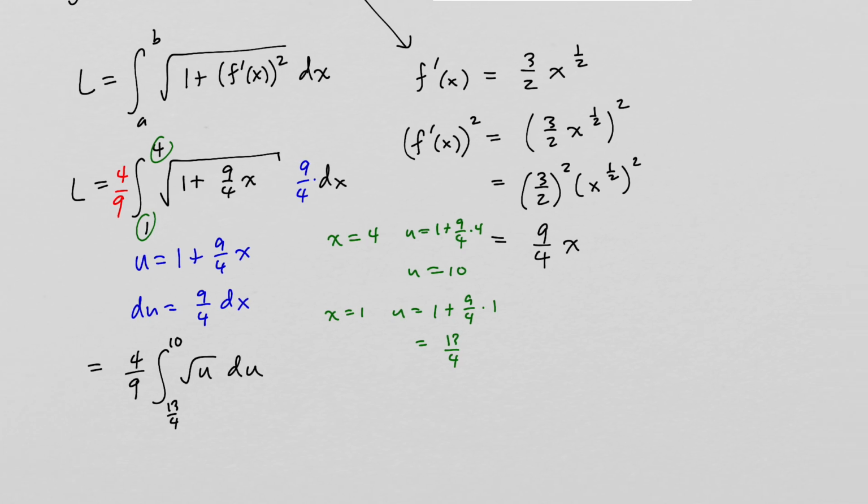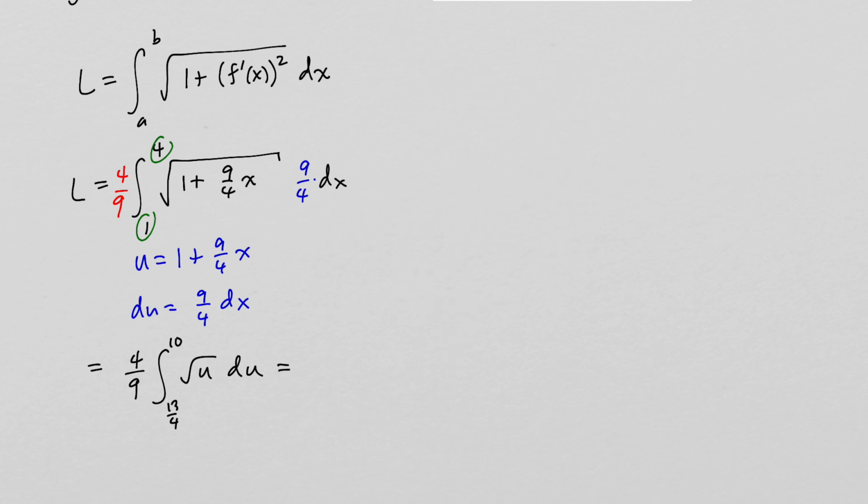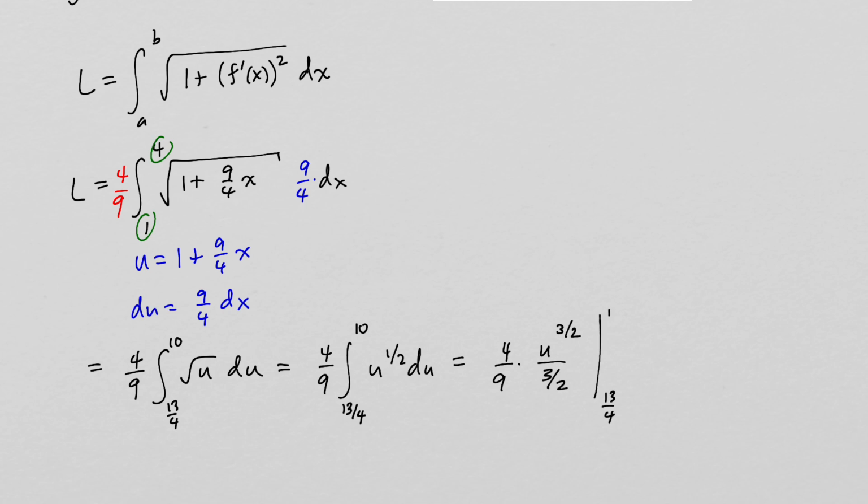All right, so now let's go ahead and finish this problem. We need to find the antiderivative. So let's remember this is really 4/9 integral of u to the 1/2 du. And this is going to be 4/9 times u to the 3/2 divided by 3/2 from 13/4 to 10.